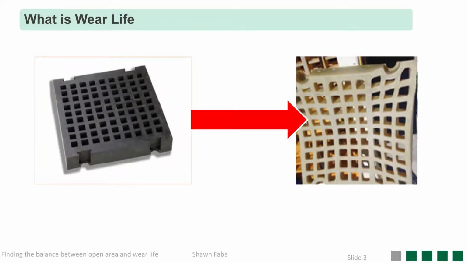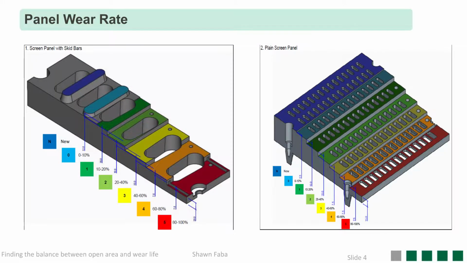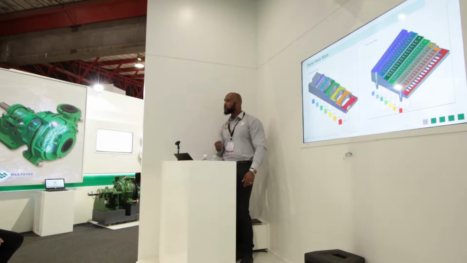What is real life in the context of screening? Real life is the length of time the screening media remains effective in the application until such time it needs replacement. How do we know that it's time for the screening media to be replaced? We use what we call panel wear rates.